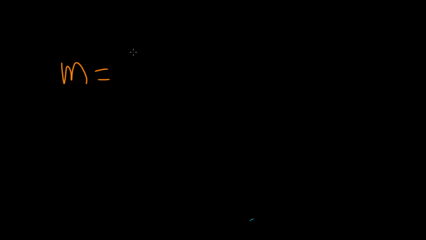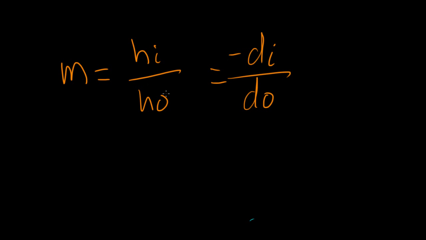M equals hi over ho equals negative di over do. Okay, and the magnification just tells you exactly what you think: how much bigger or smaller the image is from normal. A magnification between 0 and 1 is going to be smaller.